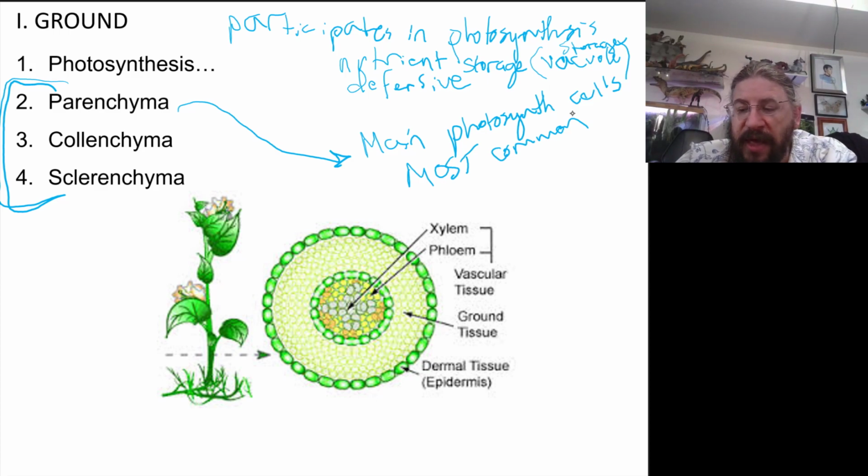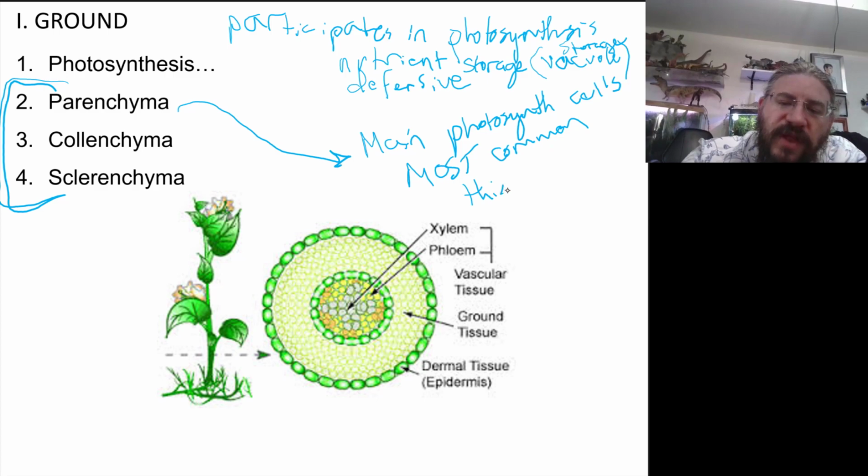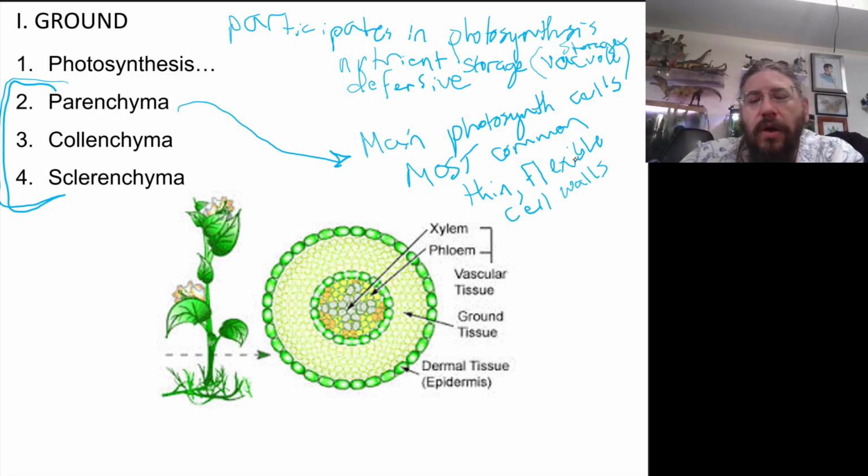Characteristics of parenchyma: they have thin, flexible cell walls. So they allow the plant to have some elasticity. It stands against wind. You don't want a stiff breeze to break a plant in half. So we have these thin, flexible cell walls.